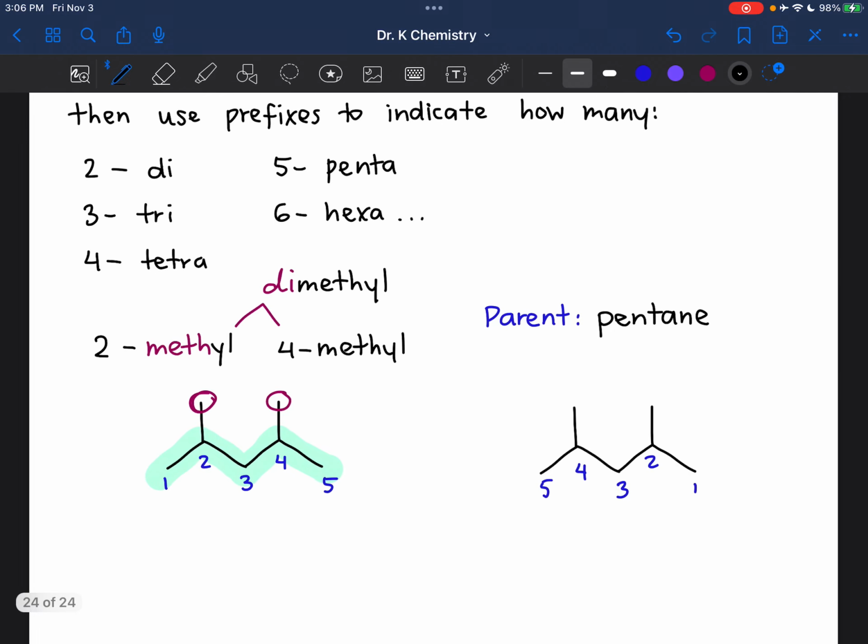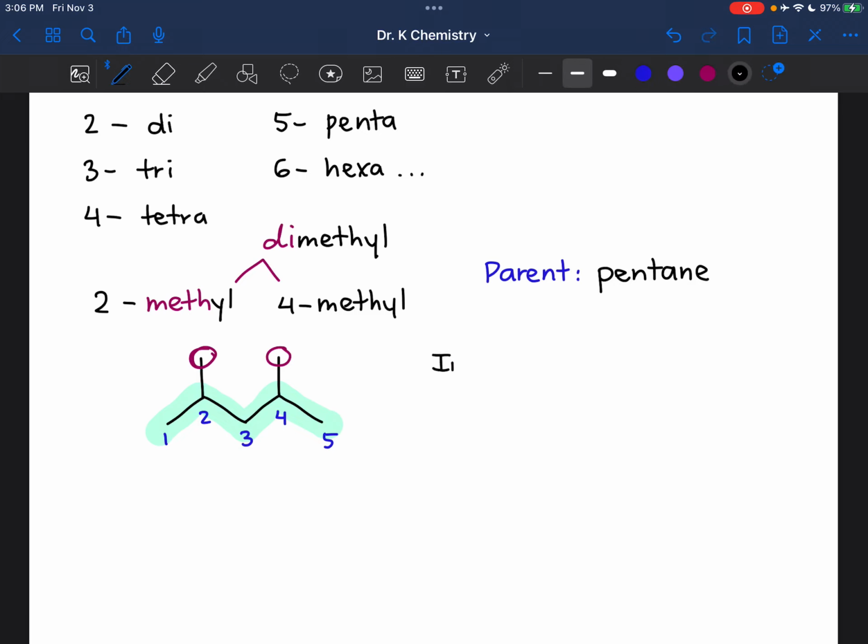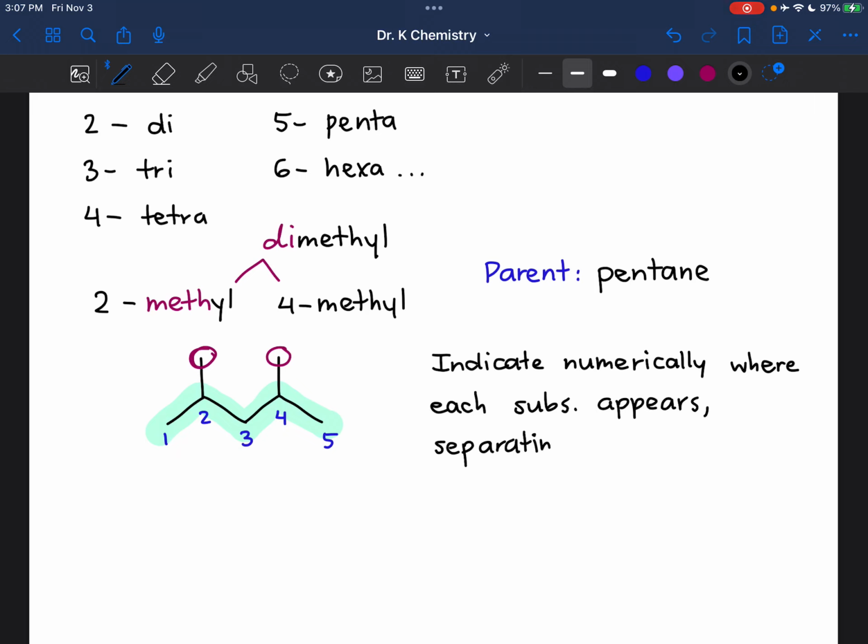However, I do have to indicate where these methyl groups appear because they're on carbons 2 and 4, but that doesn't necessarily have to be the case. What if I had methyl groups on carbons 2 and 3? Right, so I do need to have some way of distinguishing where these carbons appear. So I'm going to indicate numerically where each substituent appears, separating the carbon numbers by commas.